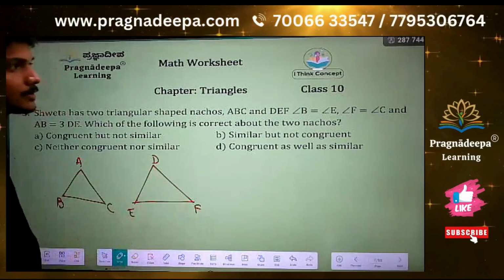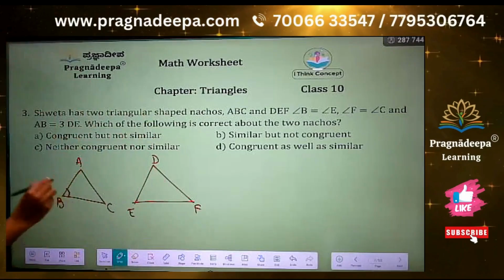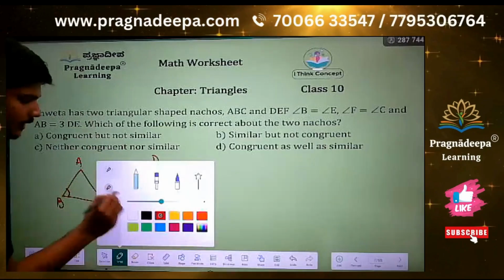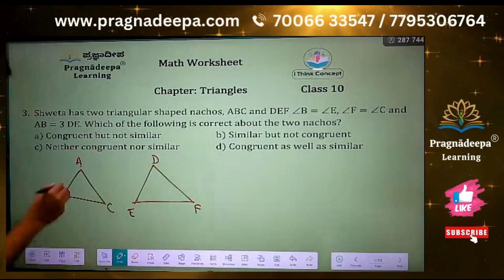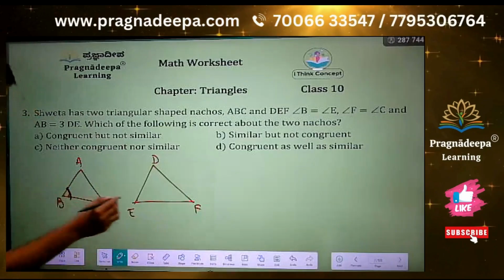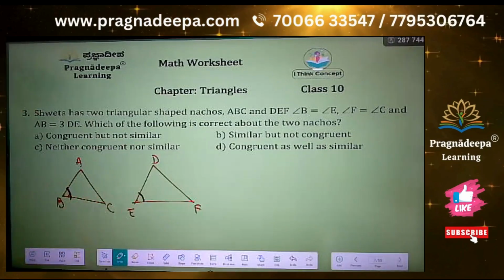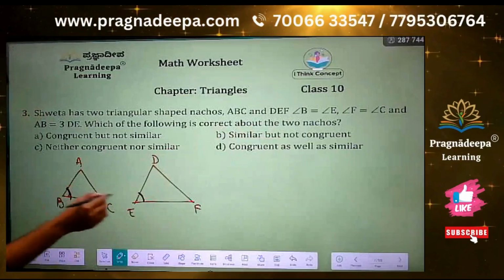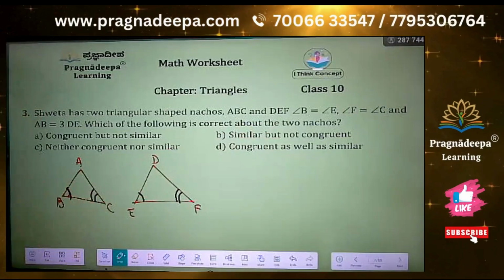So we have angle measurements: angle B is equal to angle E. Next, angle F is equal to angle C. Next, AB is equal to 3 times DE.